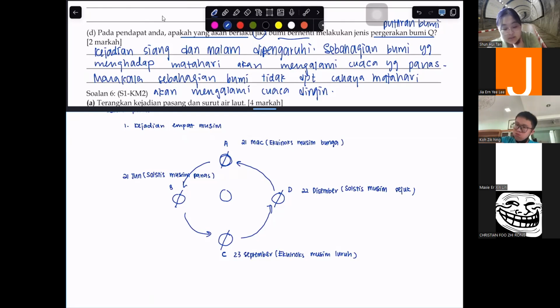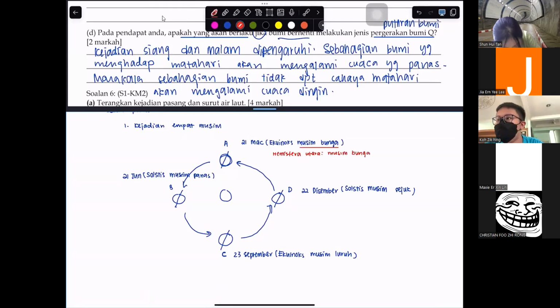Normally the name musim bunga means our north hemisphere, hemisfera utara, is musim bunga. If utara is musim bunga, selatan will always be opposite.